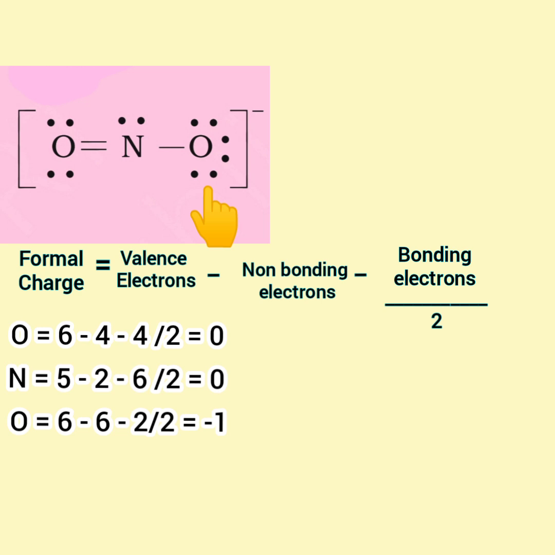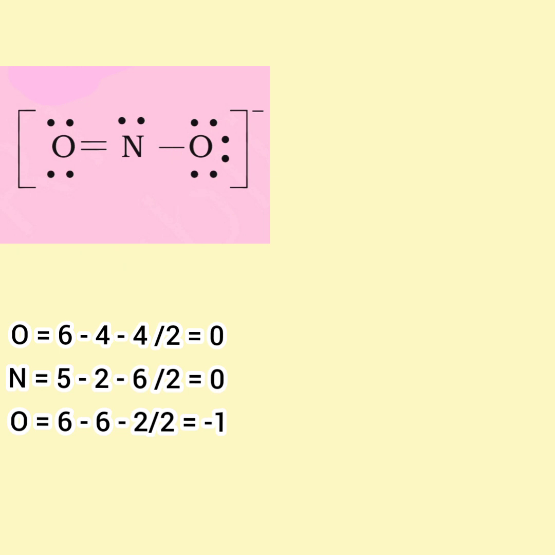The valency of oxygen is 6, minus non-bonding electrons, count the dots, 2, 4, 6, minus bonding electrons, here only one bond, which means 2 electrons, divided by 2, equals minus 1. Therefore, the overall charge of the nitrate ion is -1, or the net charge of the ion is -1.